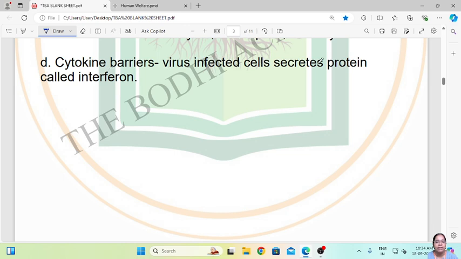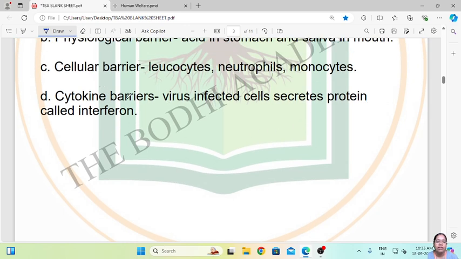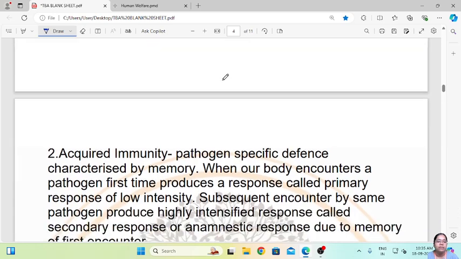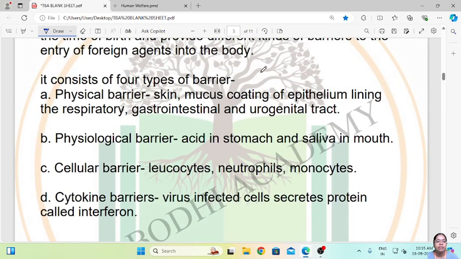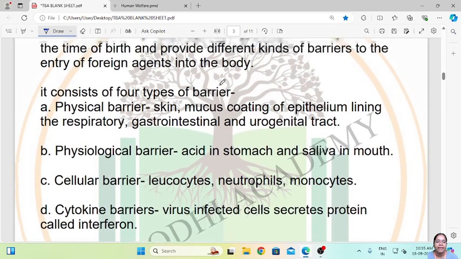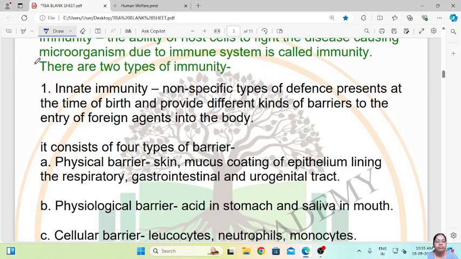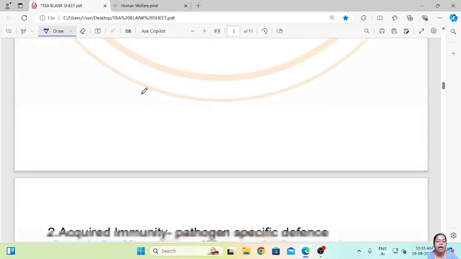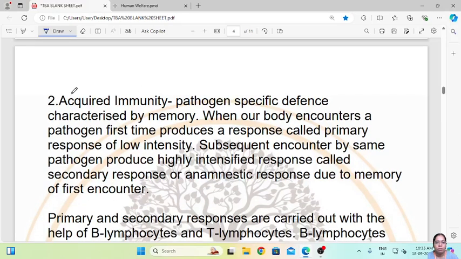Virus infected cells secrete proteins called interferons. So these help in protecting our body from the viruses. These are some types of barriers which are from birth, that is this comes under innate immunity.